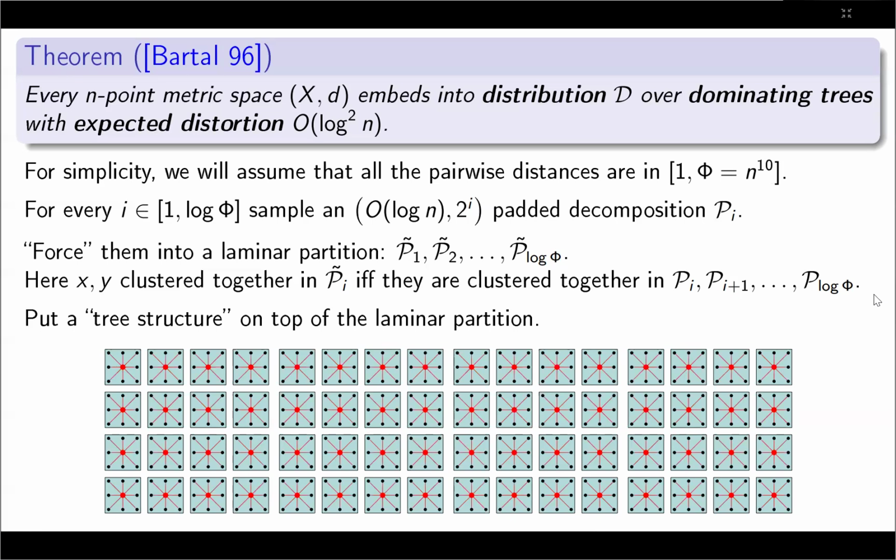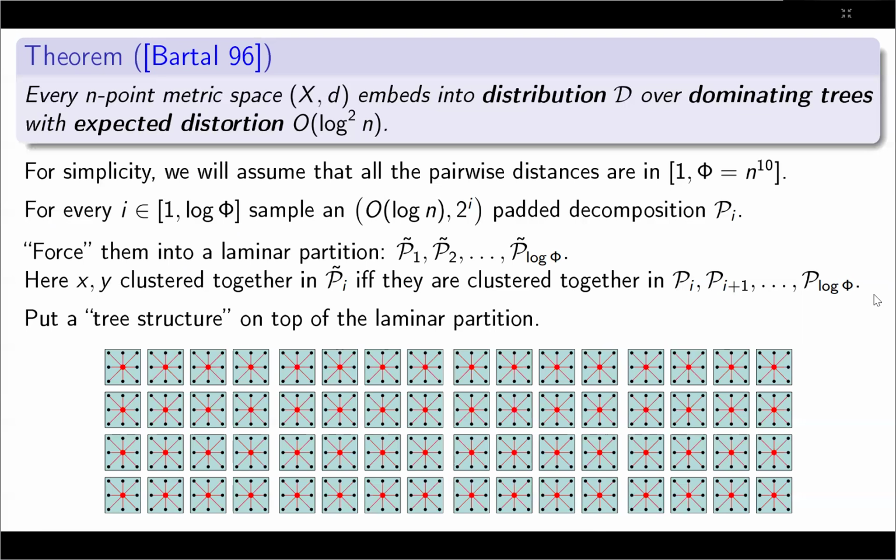One question. In the previous scheme of Bartal, you mentioned that it may happen that we sample the next point which is already in some cluster, right? Right. No, you take some arbitrary order, and we don't care what happened to the set, we just continue. But then in the laminar case, if you sample the next point which is already clustered, then you break the laminar structure. No, think that they establish some partitions, and they don't respect each other at all.